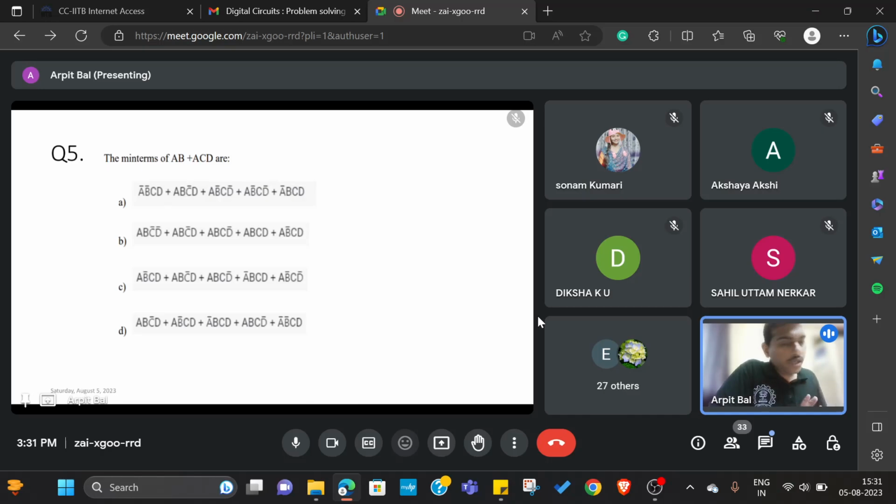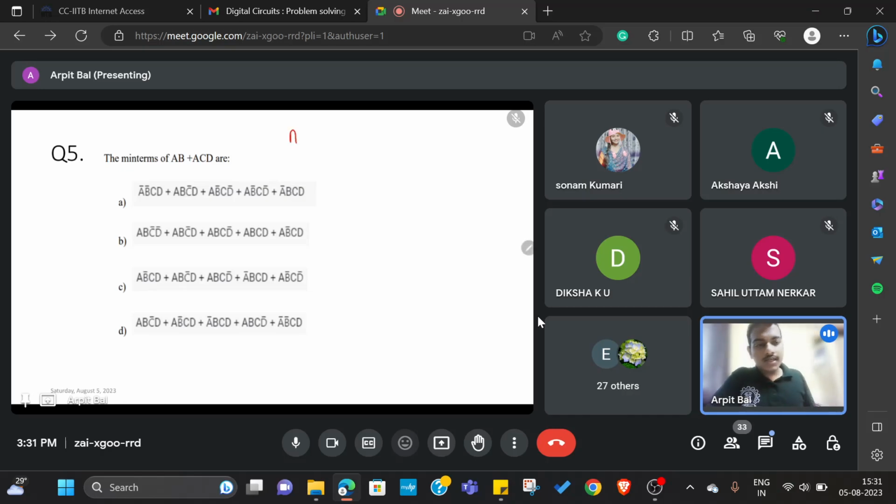Canonical form is something which contains all the literals. Here you can see in the first term we don't have C and D, and in the second term we don't have B. So first we need to ensure that this representation has all the terms present, whether in their complement form or their non-complement form. Let's try to do this.